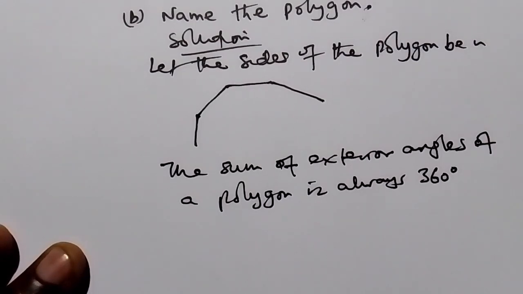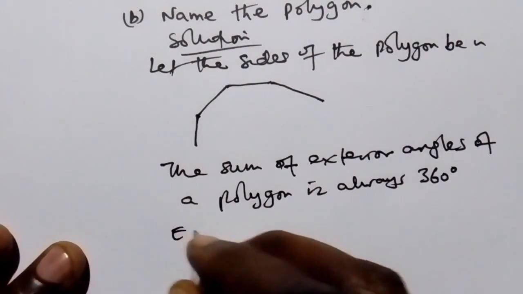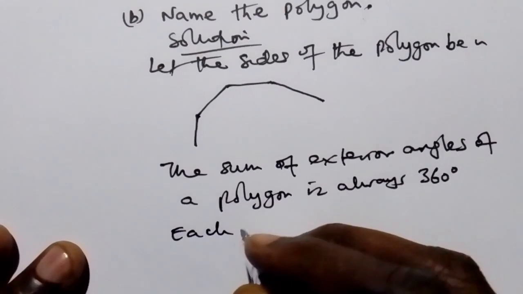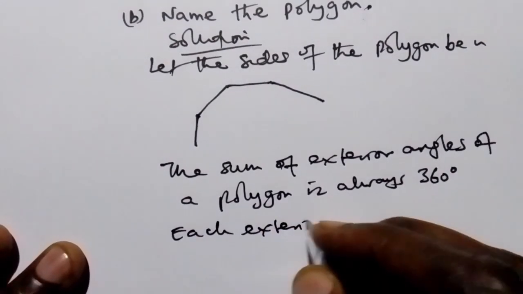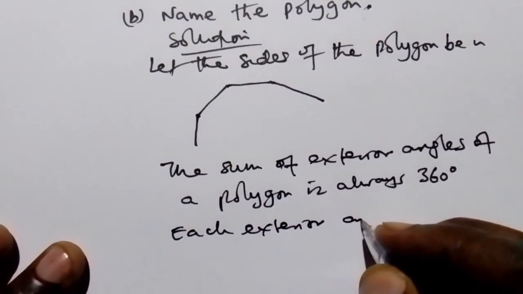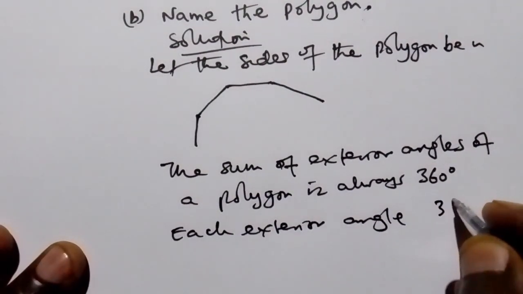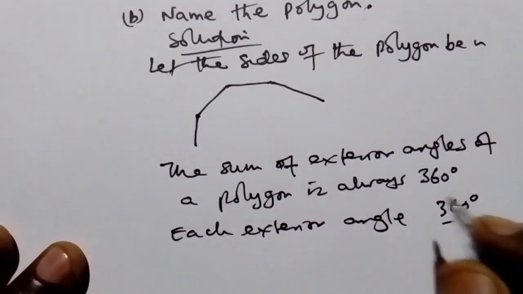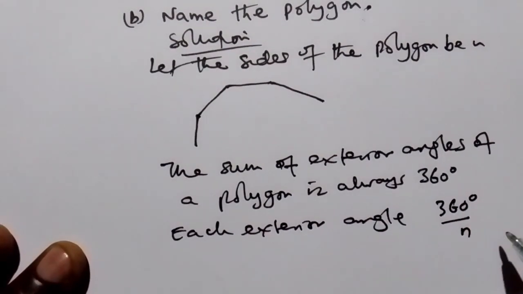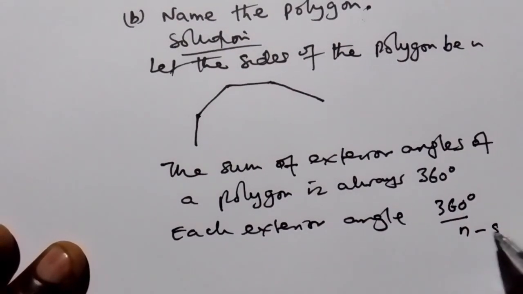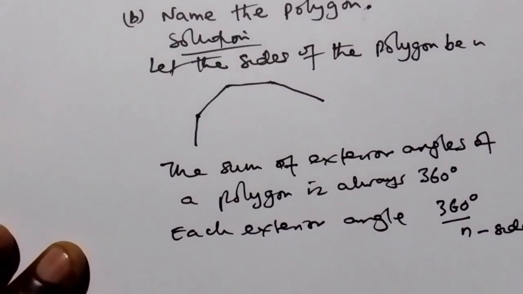So from here it means that each exterior angle can be given as, how can we find each exterior angle? It is 360 divided by the number of sides, which is n.